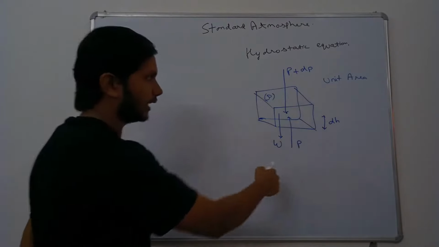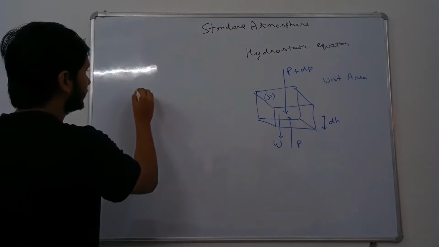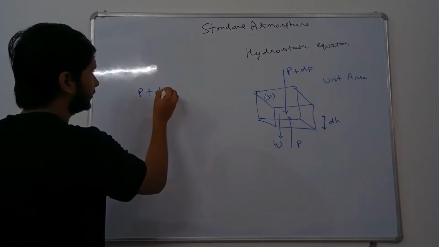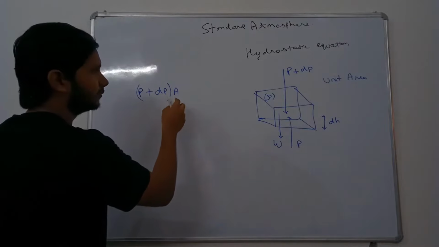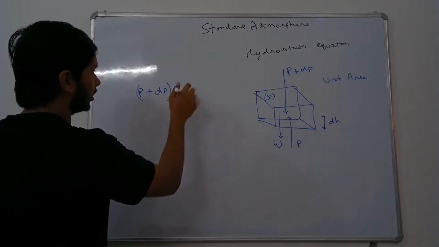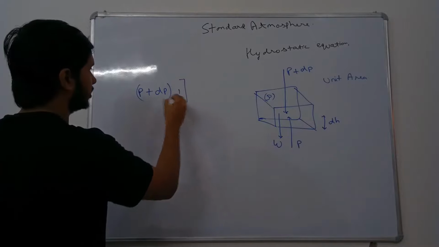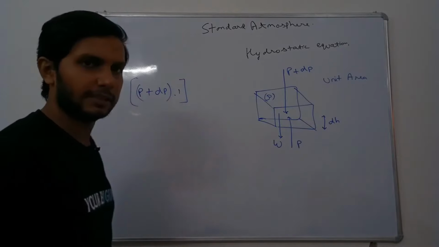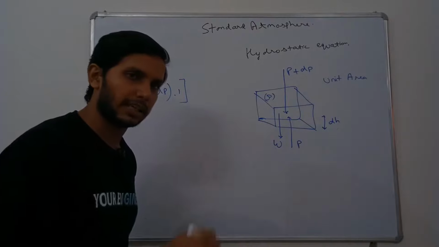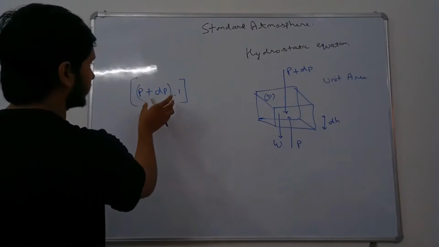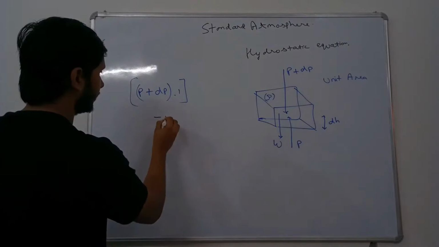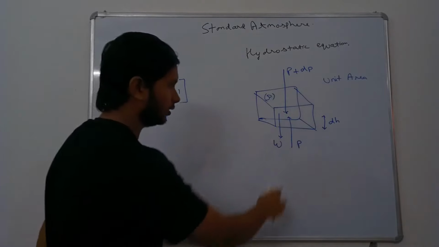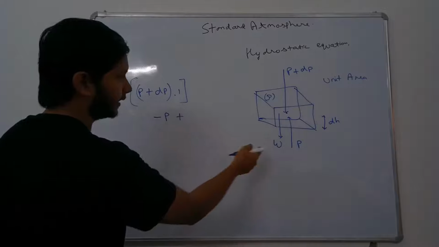In the downward direction there are two things: (P plus dP) times area, which is 1. We can balance the forces, we cannot balance the pressure. Then minus P times 1, and also in the downward direction it will be plus W.